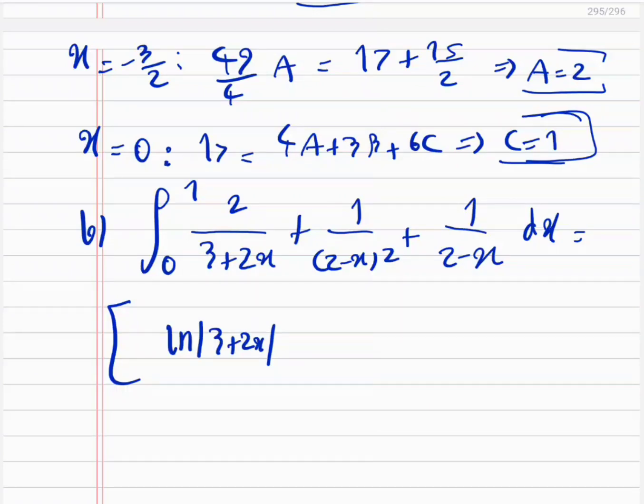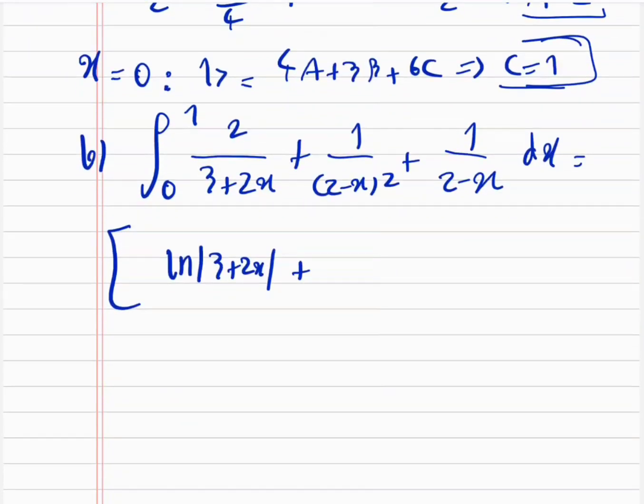Now for the second term, 1 over (2 minus x) squared, this one is just reverse chain rule. When we have (2 minus x) to the power of minus 2, we can make the educated guess of (2 minus x) to the power of minus 1. Let's differentiate this.